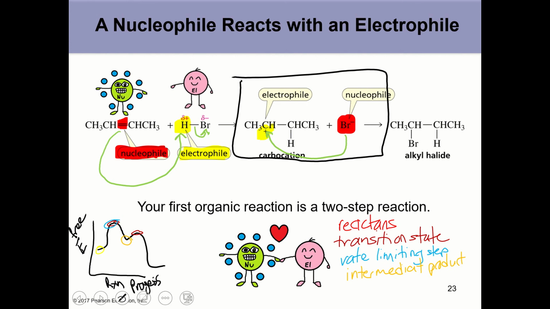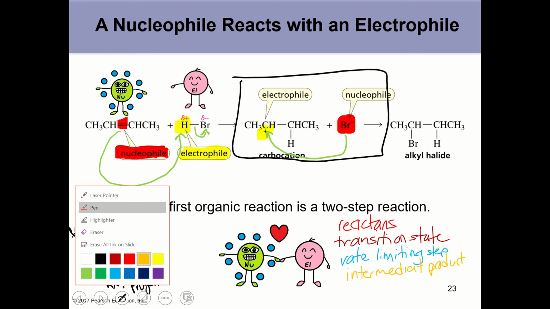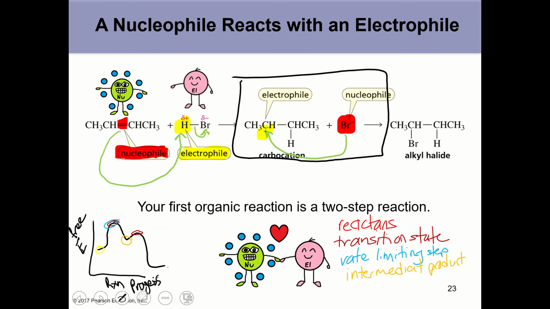This is the product of the first step in the reaction, the intermediate product. Then you need to know where the final product is indicated.